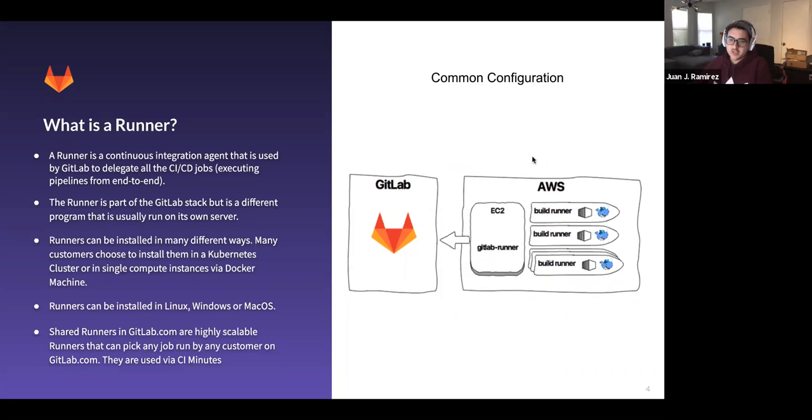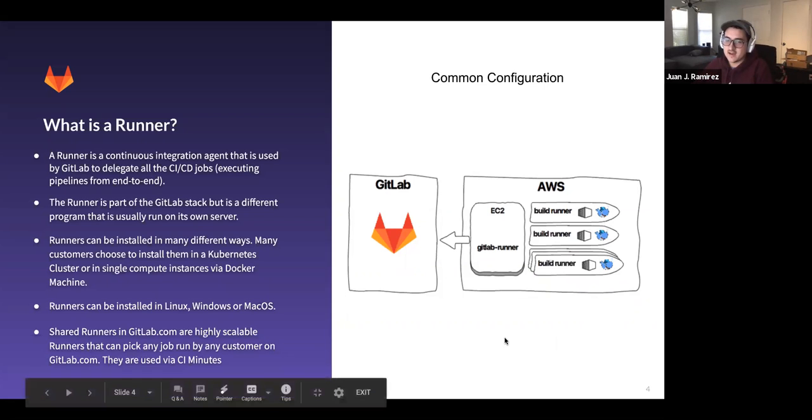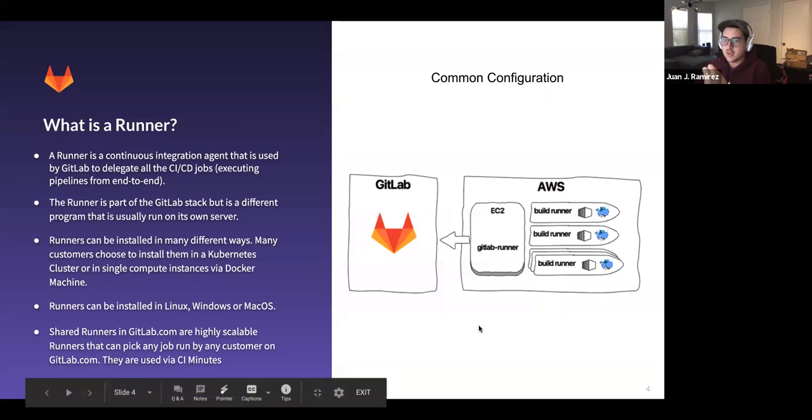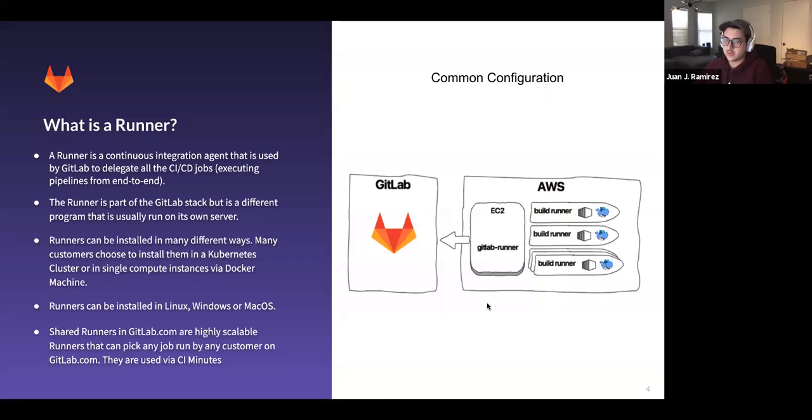So basically what you're seeing here is a graph. I didn't do this graph, I just found this online. So it's interesting that someone did the job of making the explanation easier with a graph. But basically when you have a GitLab stack, you have several things, right? You have your GitLab installation if you are self-hosted, and you also could have your own self-hosted runners, right?